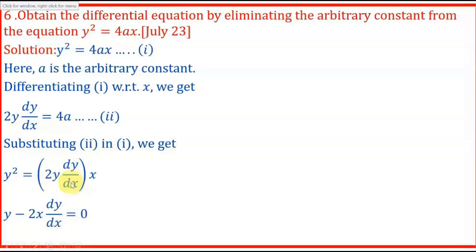Then shift this term to the left hand side, it will become minus, and hence this is the required differential equation: y minus 2x into dy by dx is equals to 0. Here the arbitrary constant is a single one, and hence the order of the differential equation is 1. The arbitrary constant is 1 and the order of the differential equation is also 1.